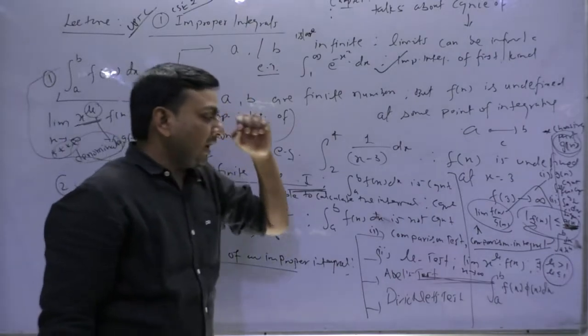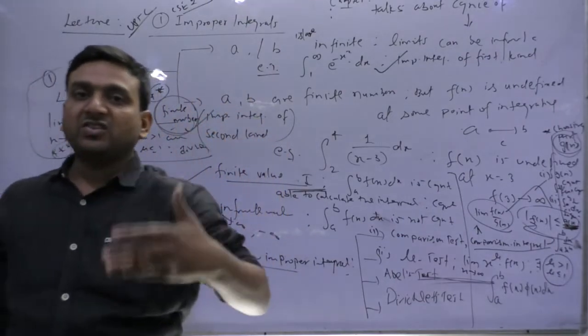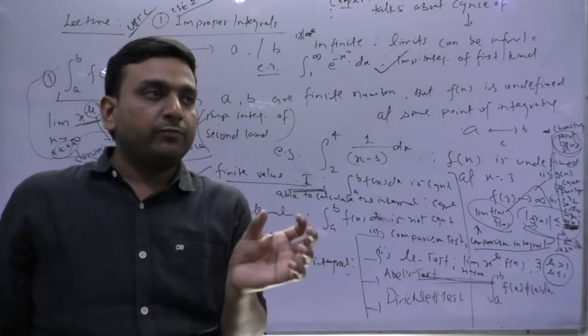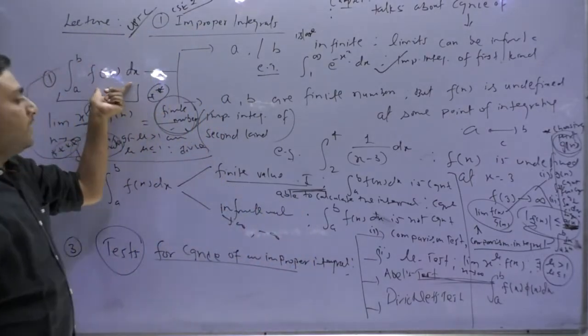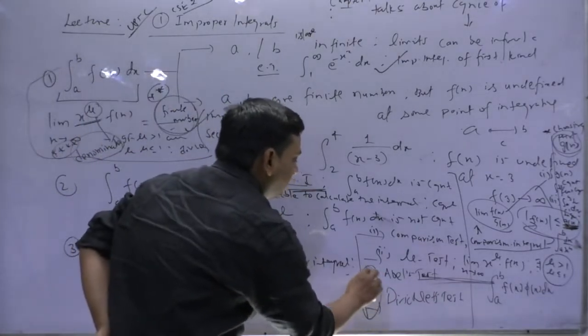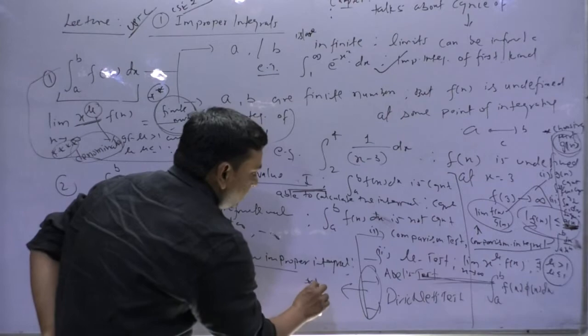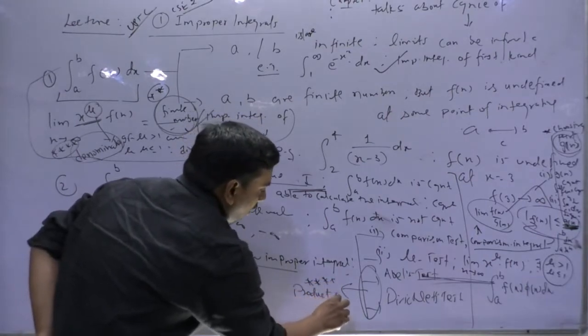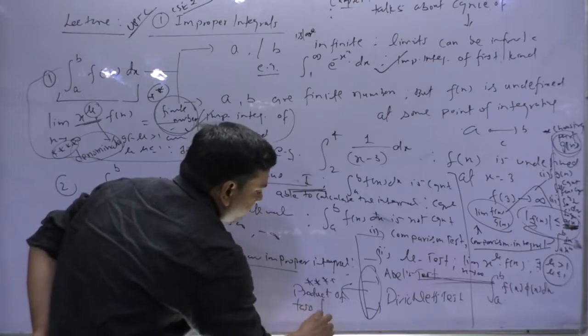Whenever you have to get the theme of some improper integral, where the integrand is in product form, as a mentor what I suggest is: your keyword is product of two functions.